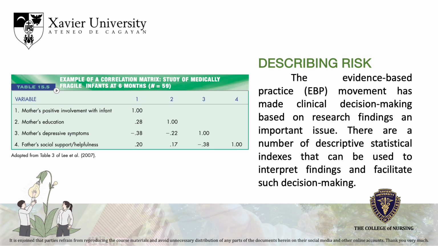Many of these indexes involve calculating changes in risk, for example, a change in risk after exposure to a potentially beneficial intervention. The indexes described in this section are often not reported in nursing research articles, but they are routinely described in books on evidence-based practice.